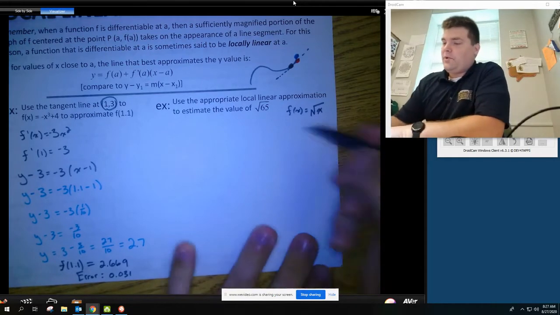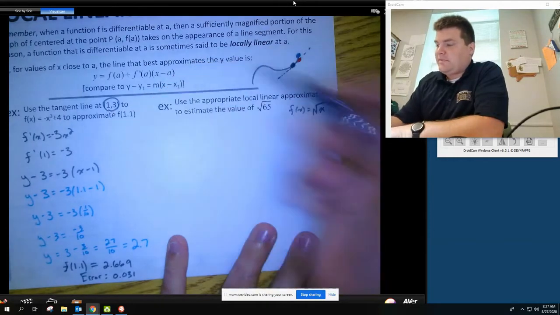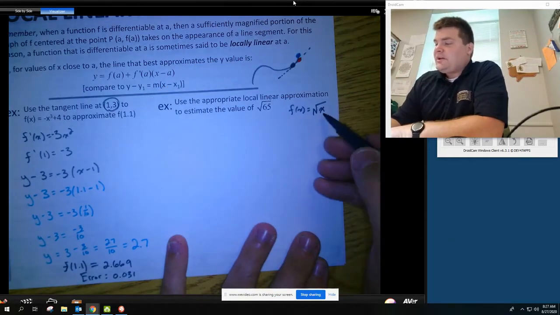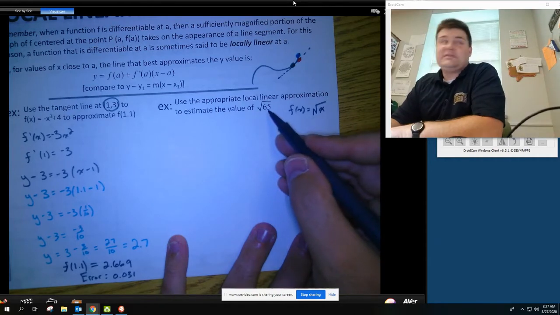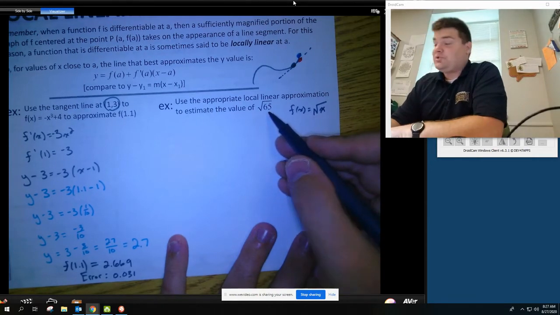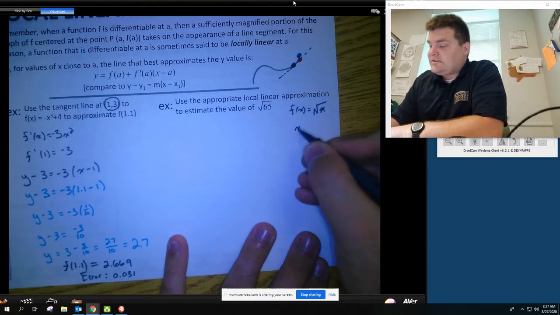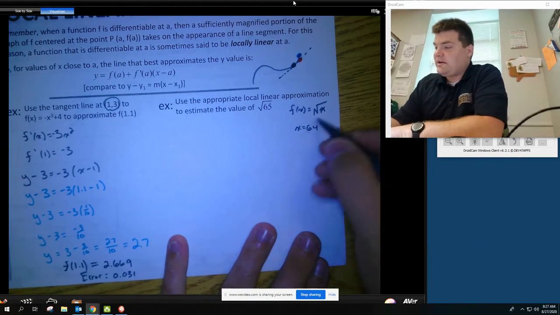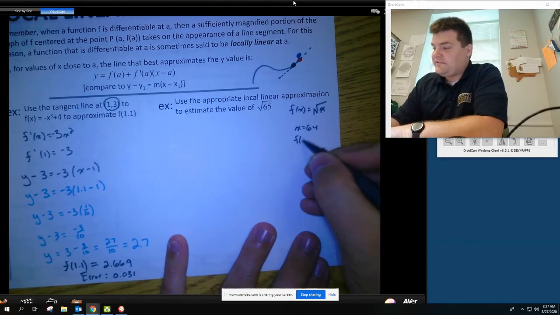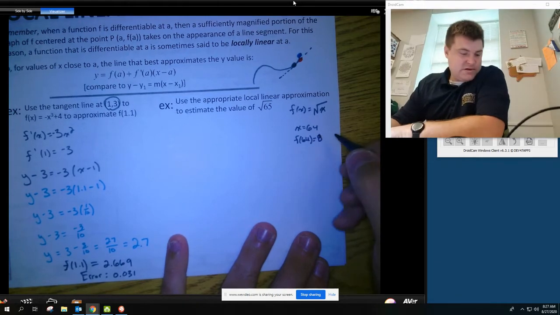We have to figure out what our initial point is going to be. So before we're given (1, 3), what's a nice and easy point in here that's pretty close to 65? The square root of 64. So let's go ahead and let x equal 64. So when we do that in our function, f of 64 is equal to 8.